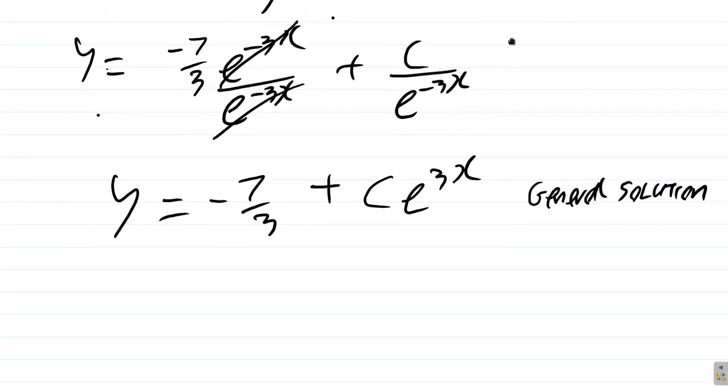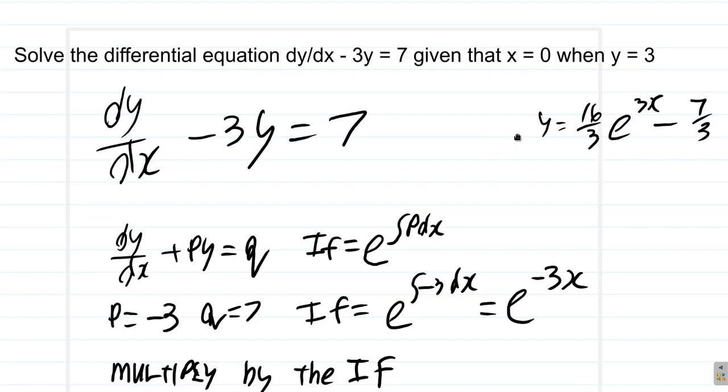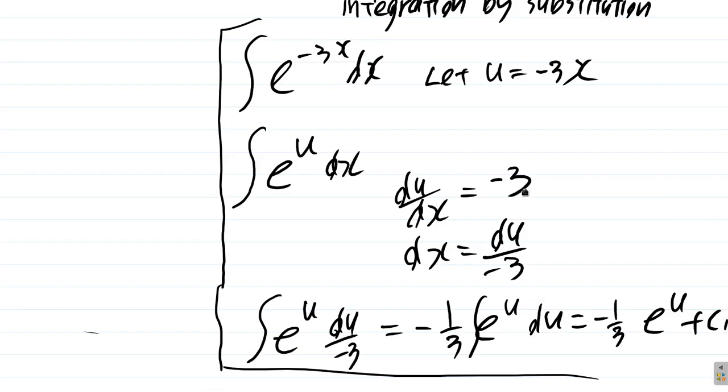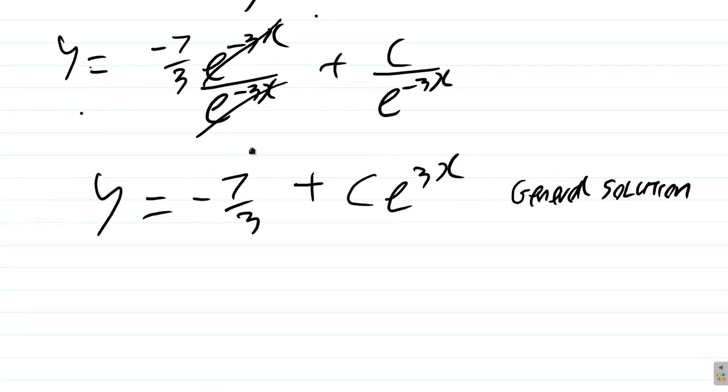Or y, what is it? Given that x is 0, well, it's x that changes and y follows it. So maybe it should be that y equals 3 when x is 0. Yeah. I think that should be the wording of it.